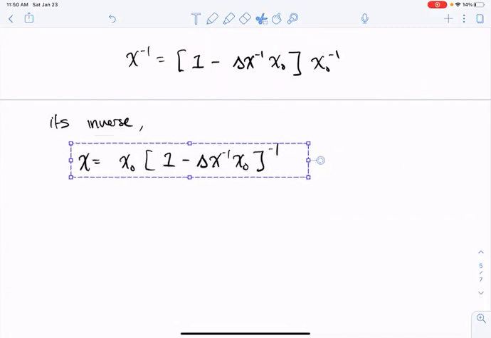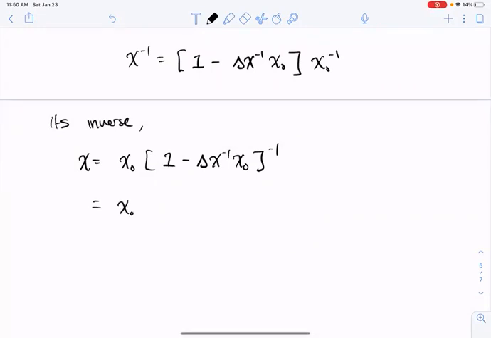Let's give myself a little room. So this is exactly equal to, so again, 1 minus a small number is 1 plus that small number plus that small number squared, etc. So to zeroth order, chi is equal to chi naught.